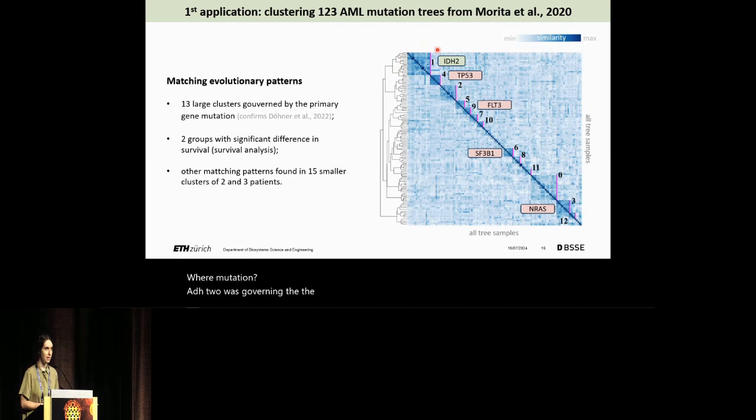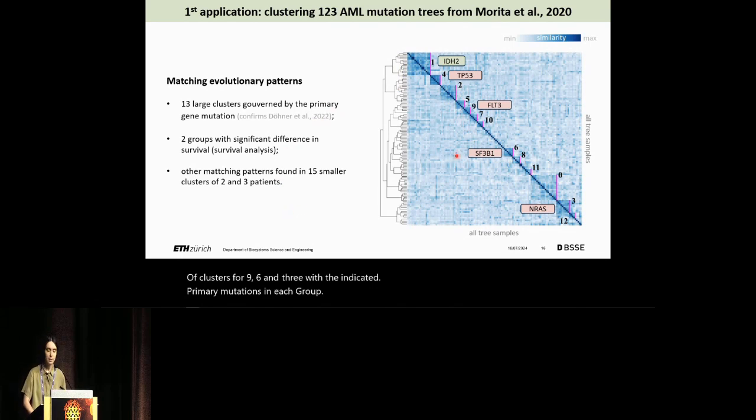And this group had a very good survival. And on the opposite side, the other group consists of clusters 4, 9, 6, and 3, with the indicated primary mutations in each group.